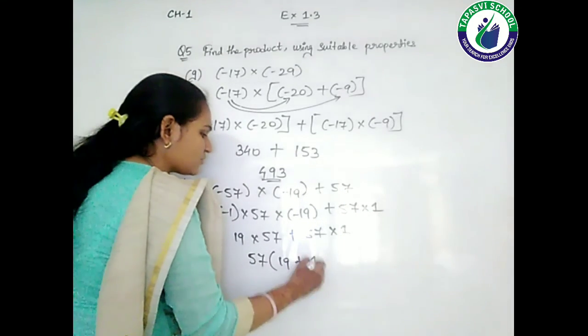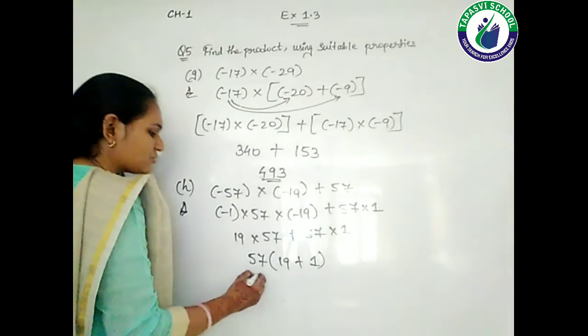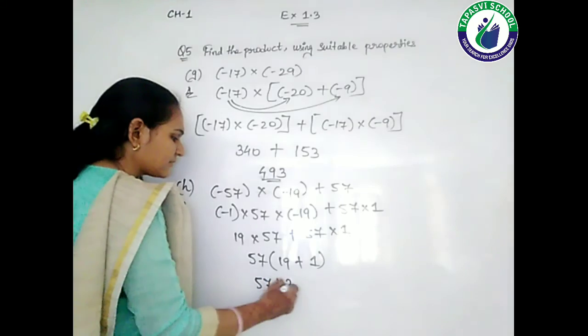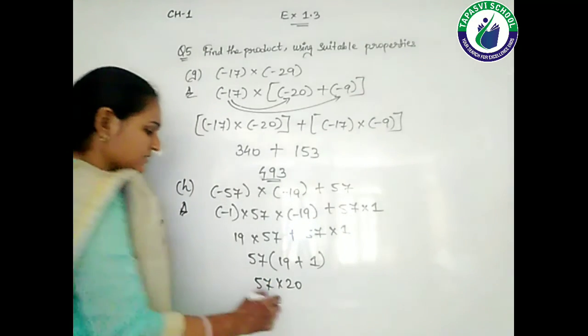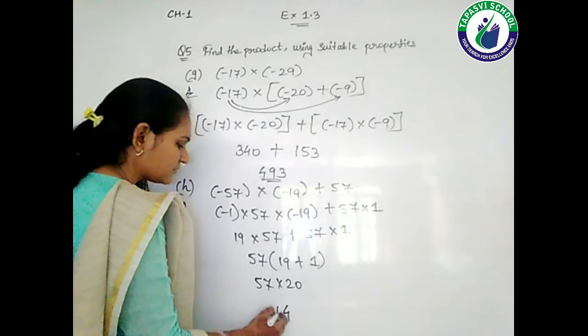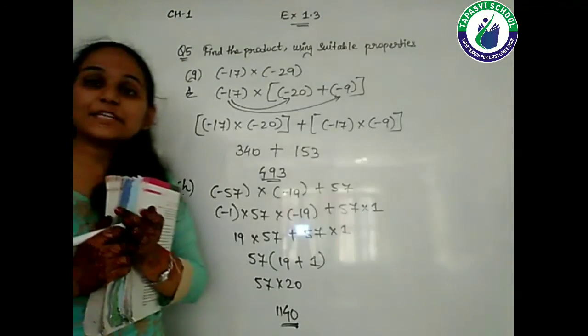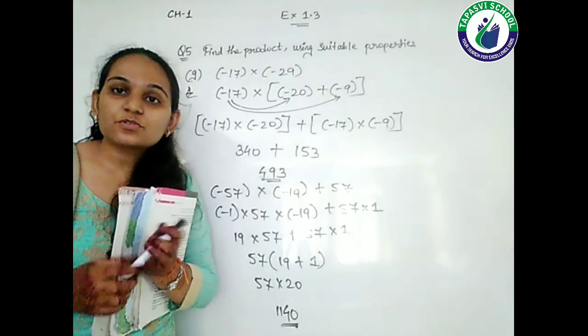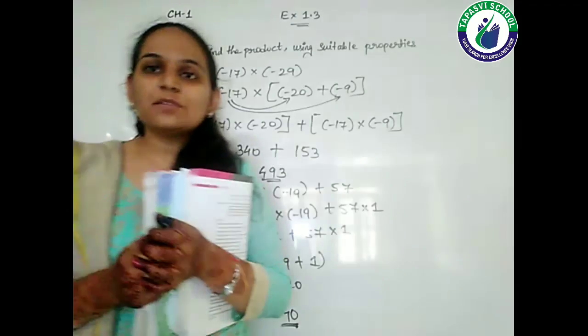So now 57 into 20. So we are getting the answer, students, as 1140. Students, this is the answer. I hope that you understood question number 5.